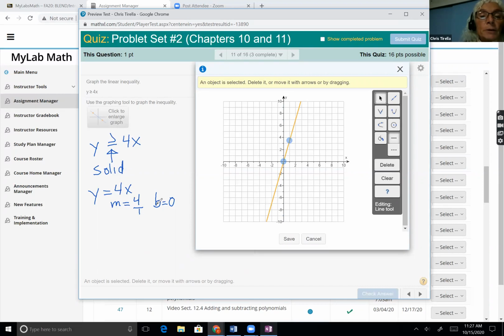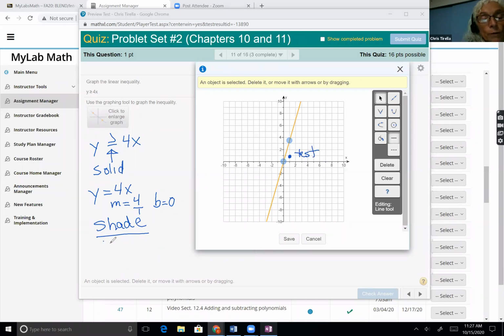But I'm not done yet, because with these inequalities we also have to shade. In order to shade, we have to pick any point as long as it's not on the line. My favorite point is 0, 0, but that's not going to work because it is on the line. So instead, is everybody all right if I use for my test point the point 1, 1?